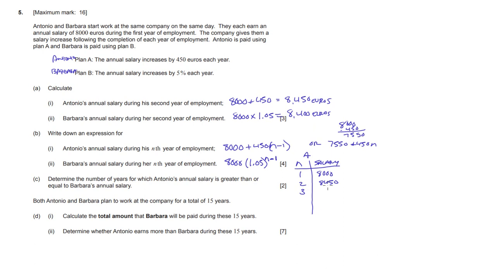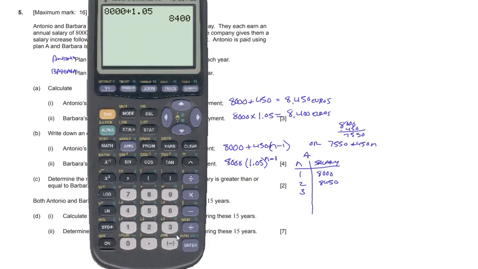Third year, add 450 to that. A nice trick on your calculator is to do 8,000 plus 450, push equals, and I believe if we push equals again, it'll keep adding. Nuts, it didn't. Plus 450. Now it's answer plus 450. So that gives us 8,900.